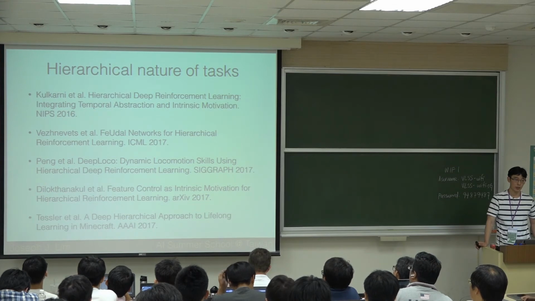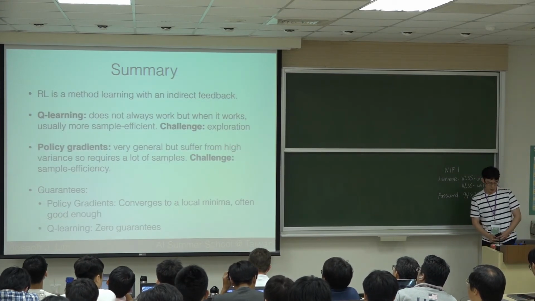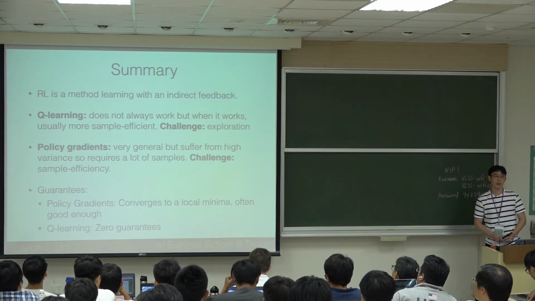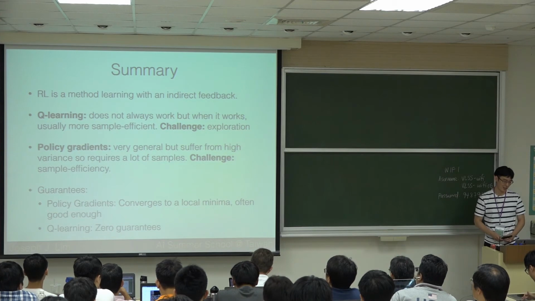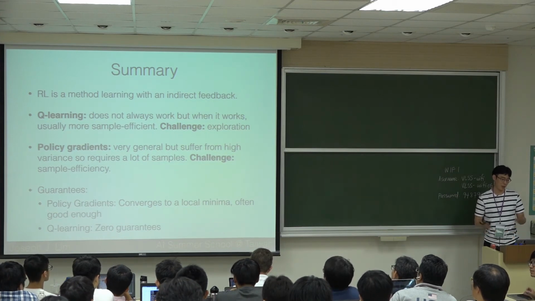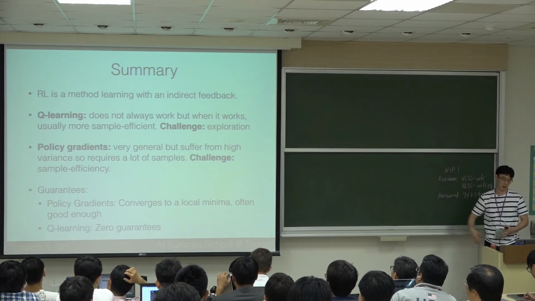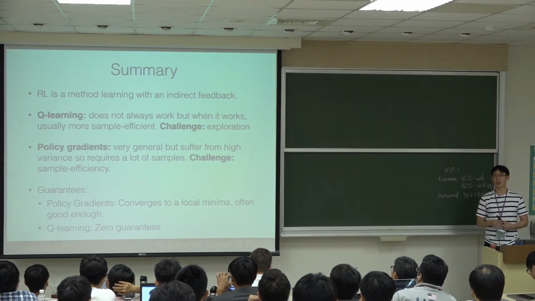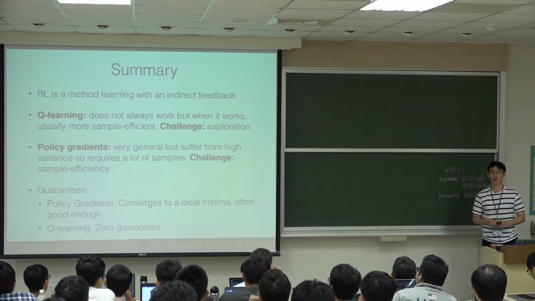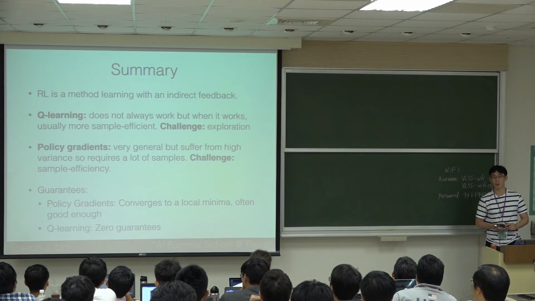Okay, I think that basically concludes the algorithmic part of reinforcement learning today. I guess we ended 25 minutes early. If you have more questions, I can talk about it. But this is basically what we discussed today. Some key things to remember: reinforcement learning is a way to learn from indirect feedback.